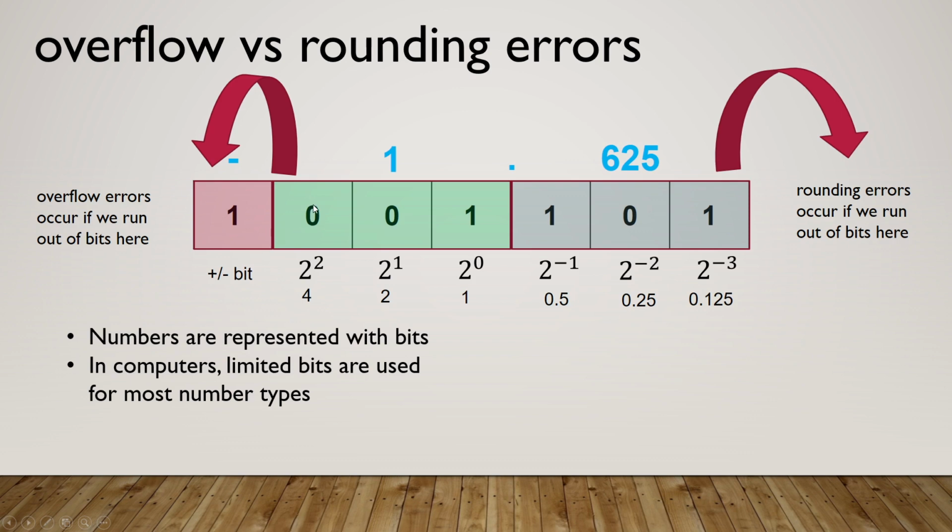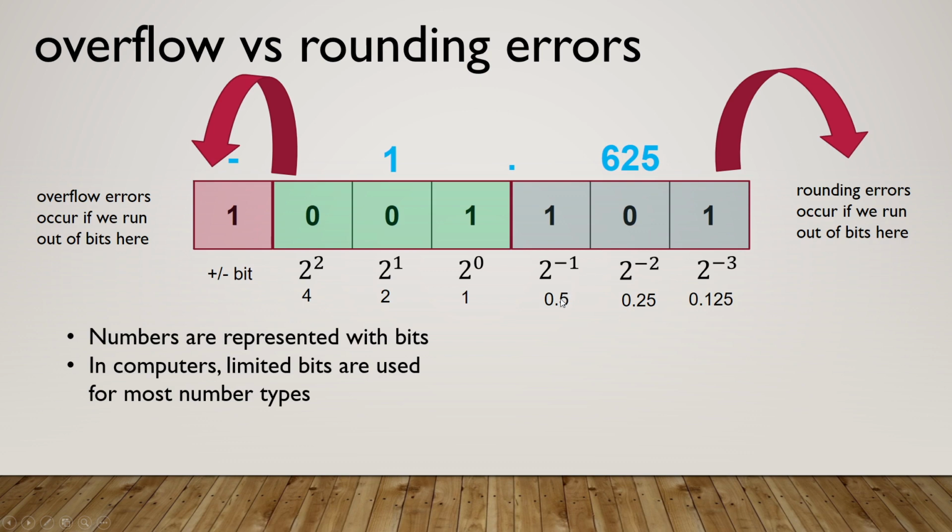If I overflow from here and say, for example, let's say all my numbers are 1, 1, and 1, and I add another 1, it's going to go, okay, overflow, carry the 1, and carry the 1 over here, which would flip this bit from a positive to a negative or negative to a positive. That could cause a number to become very, very different just by adding 1. So it's not that it's going to just be a little bit wrong, it's going to be a lot wrong. So overflow errors are usually a lot wrong.